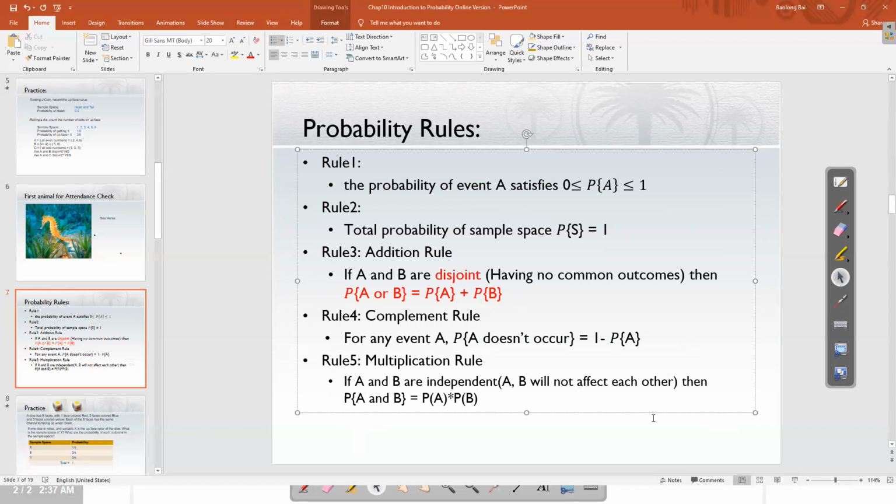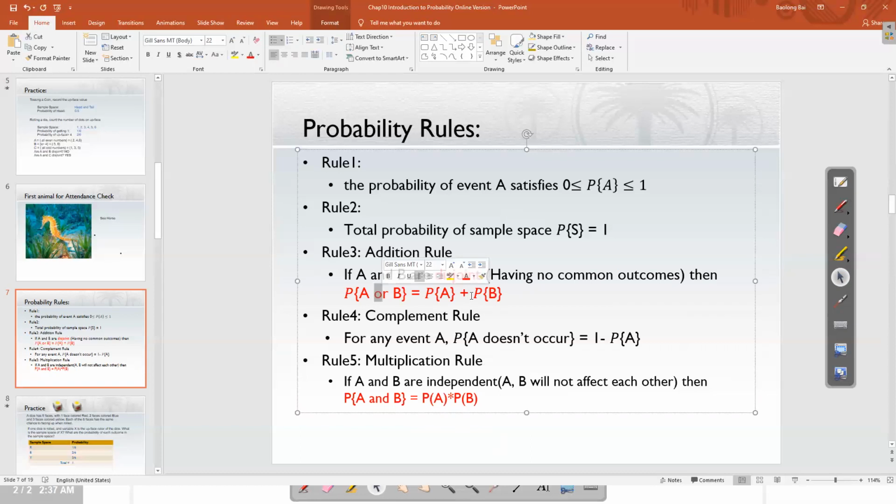The rule is very simple, very similar to the addition rule, but here, if you have probability of A and B, that probability equals the probability of A multiplied by probability of B. So here, the keyword is and matching with multiplication, right?